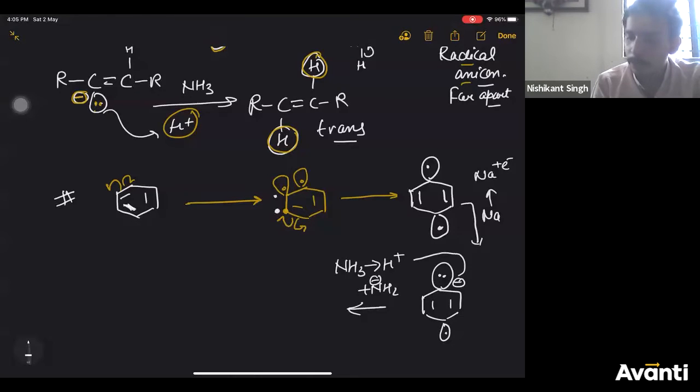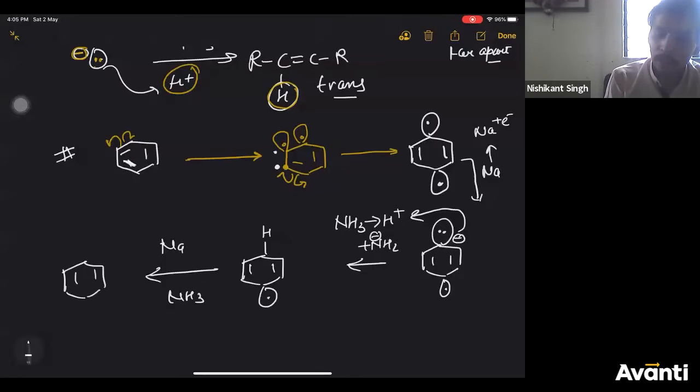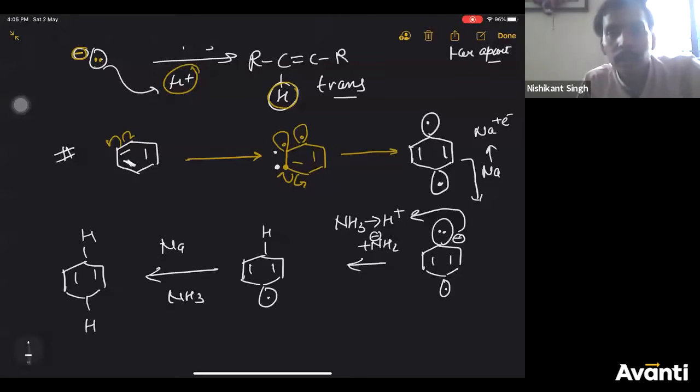This will take H plus from ammonia and you will get an H bond here and a free radical here. Repeat the same process with this free radical also. First sodium, then ammonia. You'll get another CH there. So with benzene, your Birch reduction product is this, right?